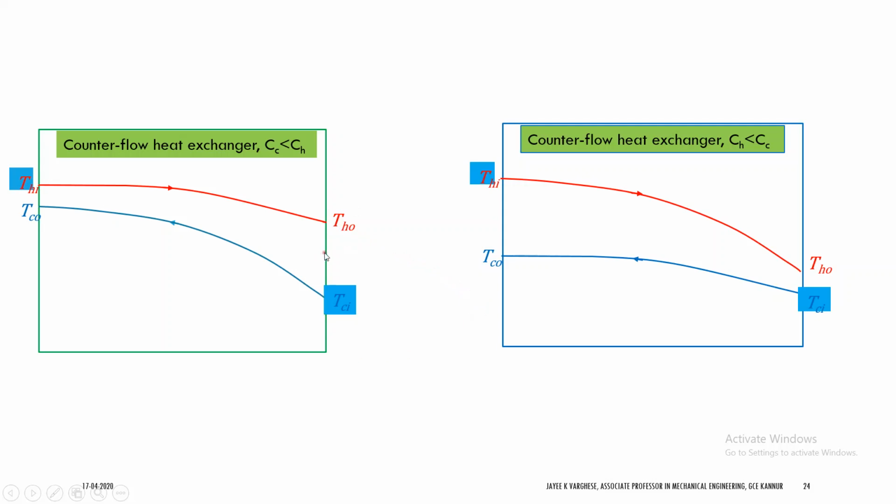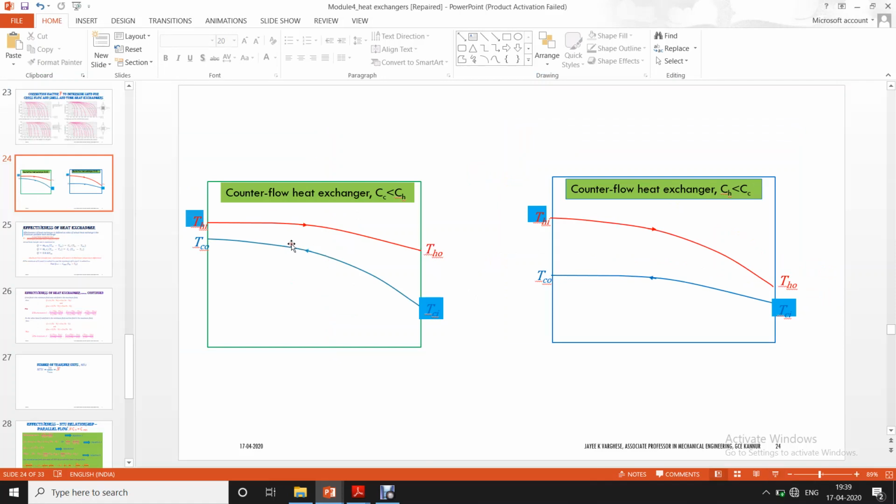We should elongate this graph such that THO will be a smaller value, and similarly THI will be introduced here, and the TCO will increase further like this.